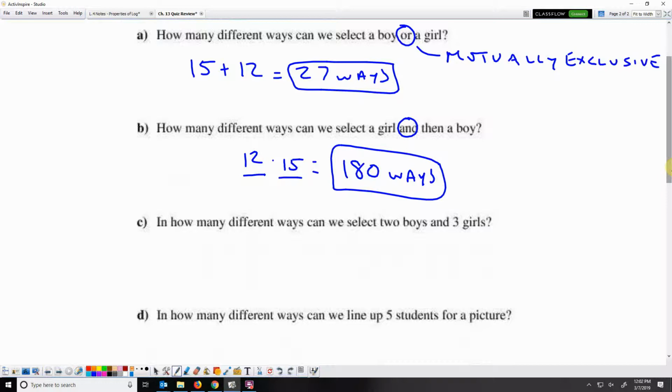In how many different ways can we select 2 boys and 3 girls? Okay, so selecting 2 boys, that is a combination of 2 boys out of the 15, and means I'm going to multiply by my combinations of 3 girls out of the 12. I'm going to pause this and pull up a calculator.